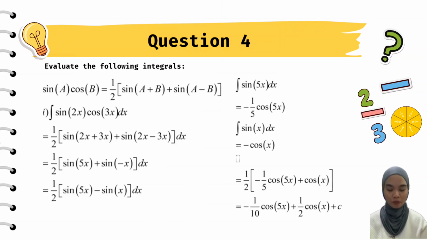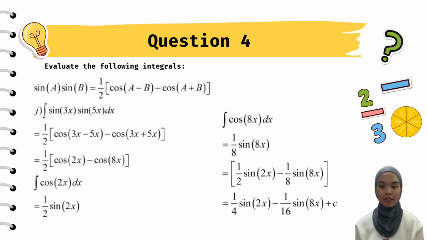We can get 1/2 times [−1/5 cos 5x + cos x]. The final answer is −1/10 cos 5x + 1/2 cos x + c.